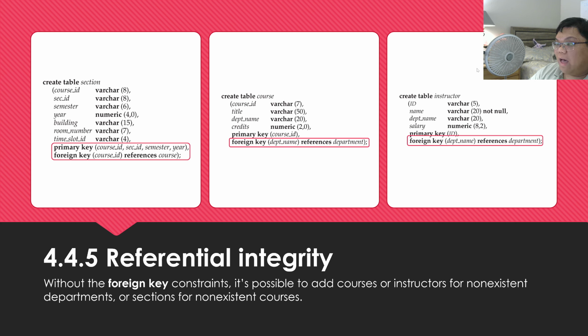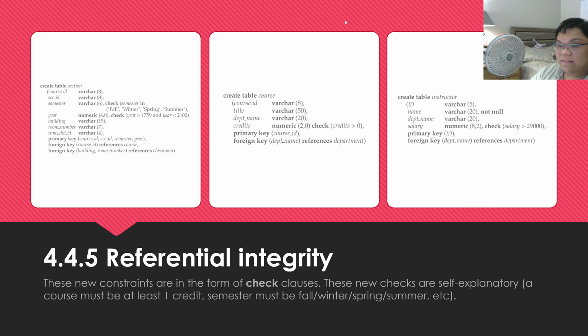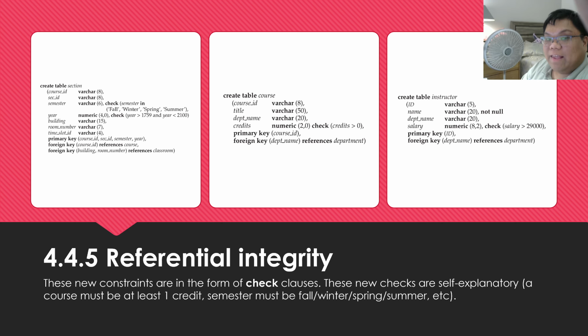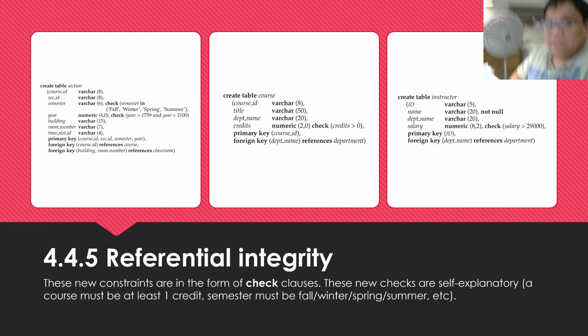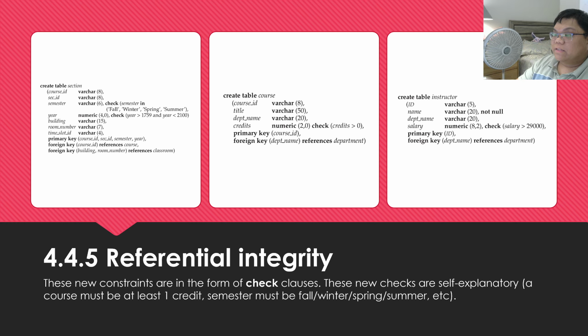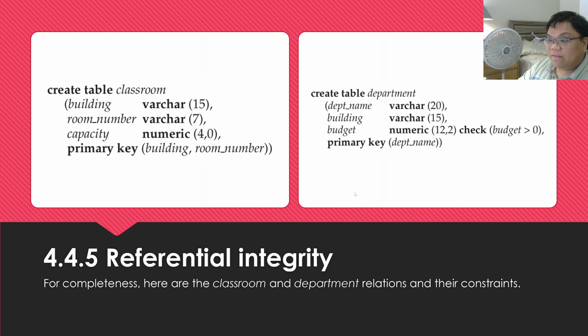Right before we continued with what happens if we try to update something that has a foreign key constraint, we also updated the following schemas so that they have check clauses that ensure for section that our course takes place in fall, winter, spring, or summer, that our course is at least 1 or more credits, and that our instructor has a minimum salary, and that our department budgets are greater than 0.